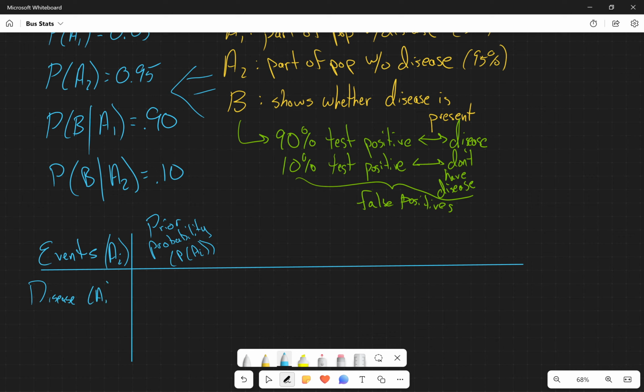So we have disease A1, and we have no disease A2.